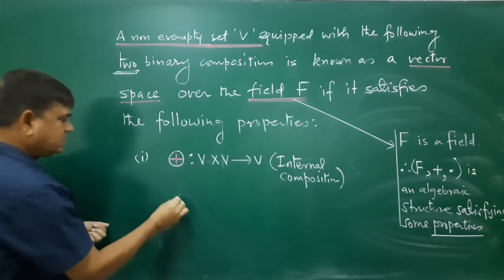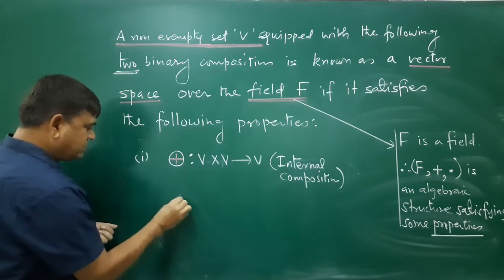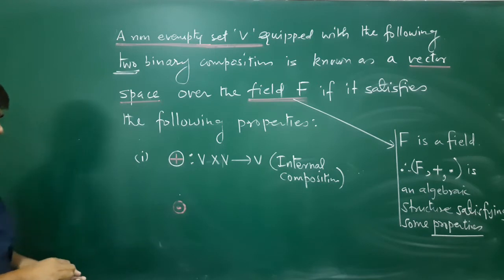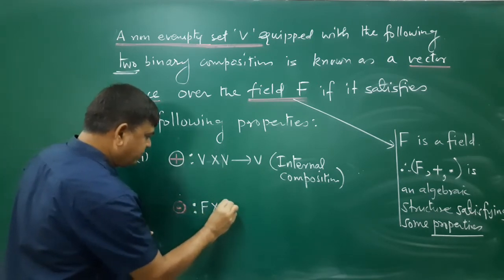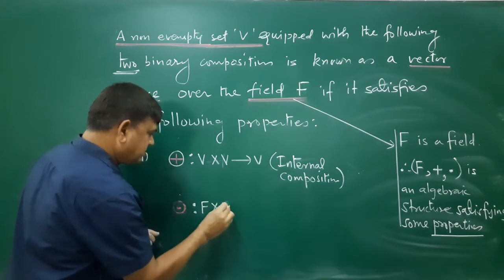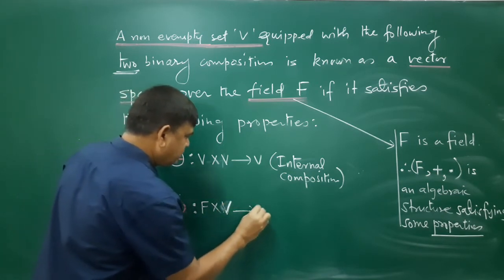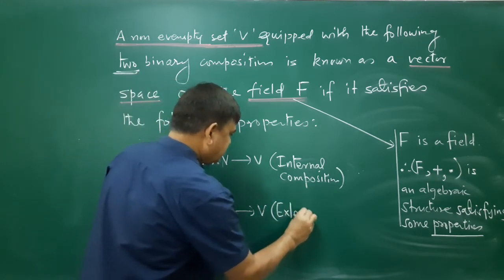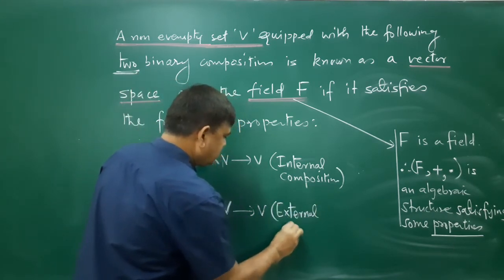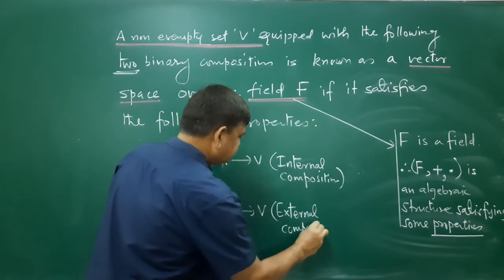Second one is dot. This is F cross V to V, external composition.